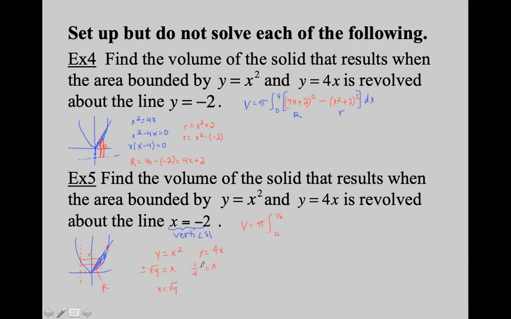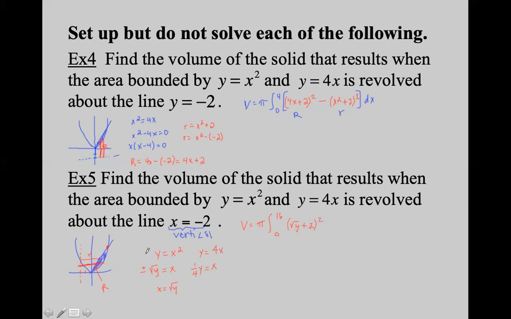All right, so all that's left is to figure out what big R is. From here to here, that part of it is the square root of y, but now we've gone an additional 2 units. So square root of y plus 2, or if you like to think of it as square root of y minus a -2. So big R is the square root of y plus 2, squared.